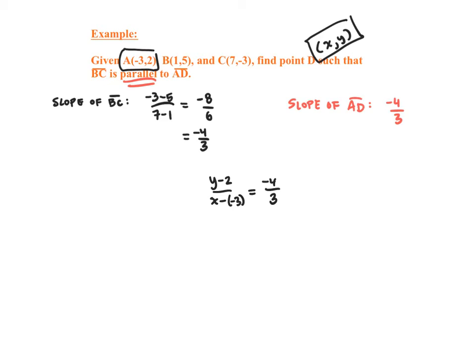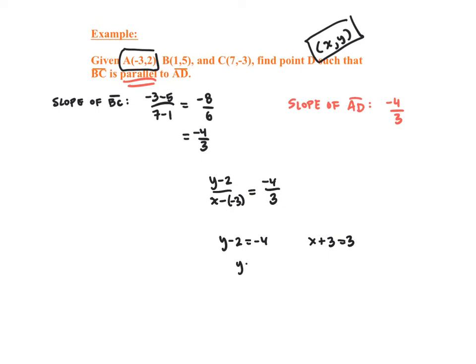Okay, so how could I make that happen? Well, all that you want to consider is that I want y minus 2 to equal negative 4, and I want x minus a negative 3, which is the same as x plus 3, to equal 3. And then I'm going to go ahead and just solve for x and for y.